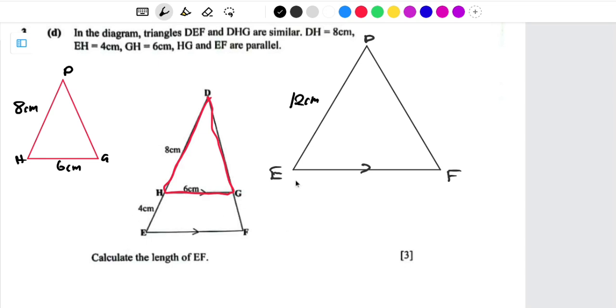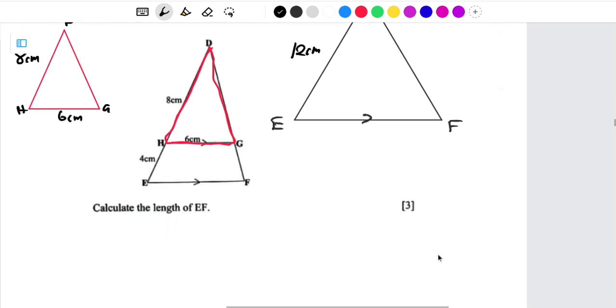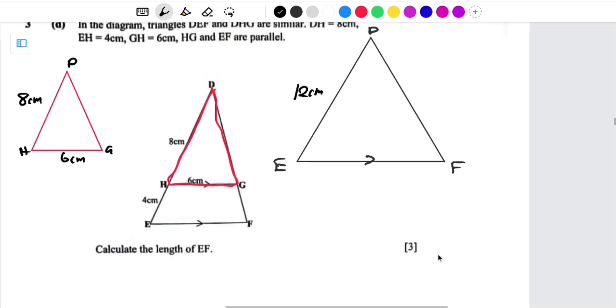So calculating EF is going to be very easy because we're just going to use similarities. Let me write the formula and then answer it somewhere here. I'm going to say HD or DH is similar to which side? It is similar to this side here, which is DE.